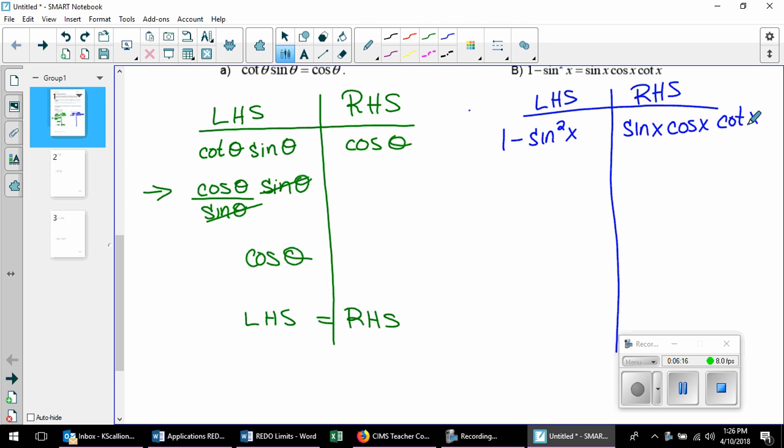All right, so I see on the left-hand side there's something I can do, and I see that there's stuff on the right-hand side I can do. So I'm going to work both sides. All right. So sin x, cos x, and you told me this was cos x over sin x.